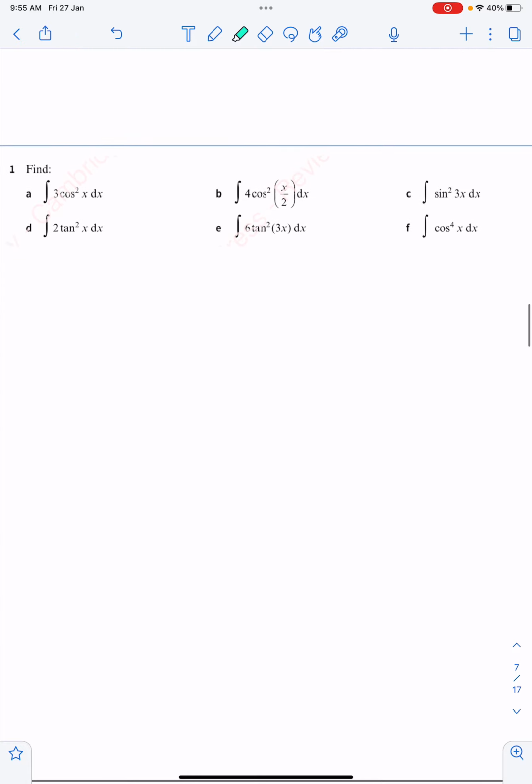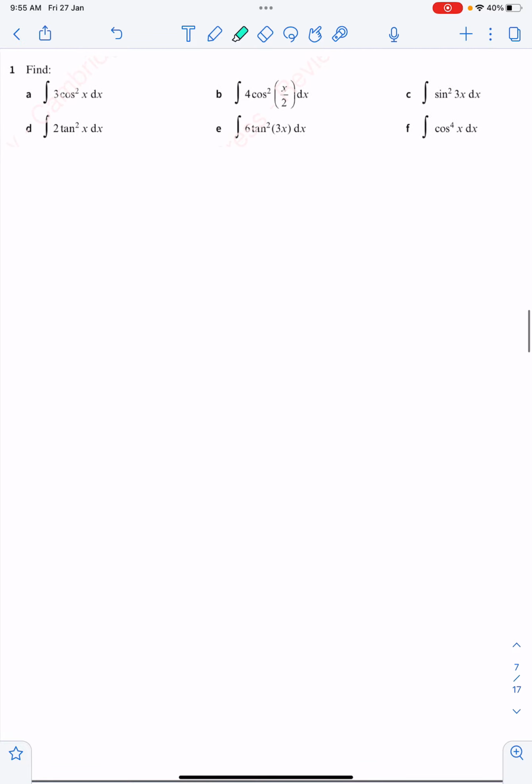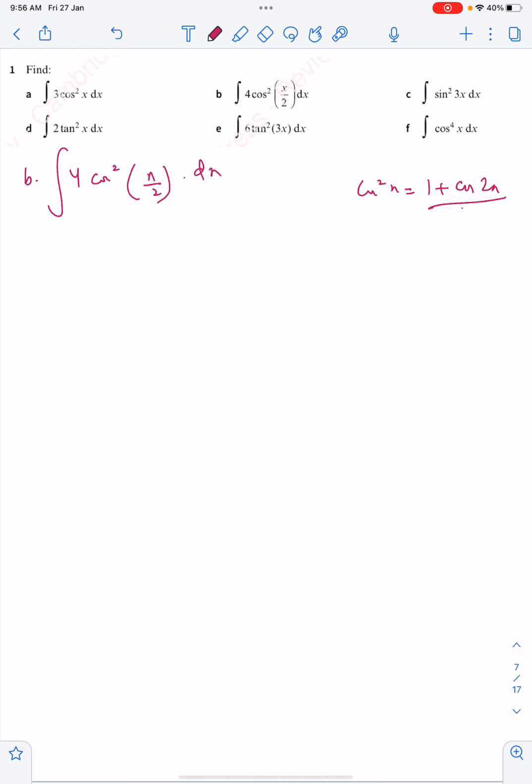The next question, question number 3, question number 1 now from the exercise. Let's do this one. Okay, the B part, 4 cos square x upon 2 dx. We know cos square x, if you have to integrate this, is 1 plus cos of 2x divided by 2.